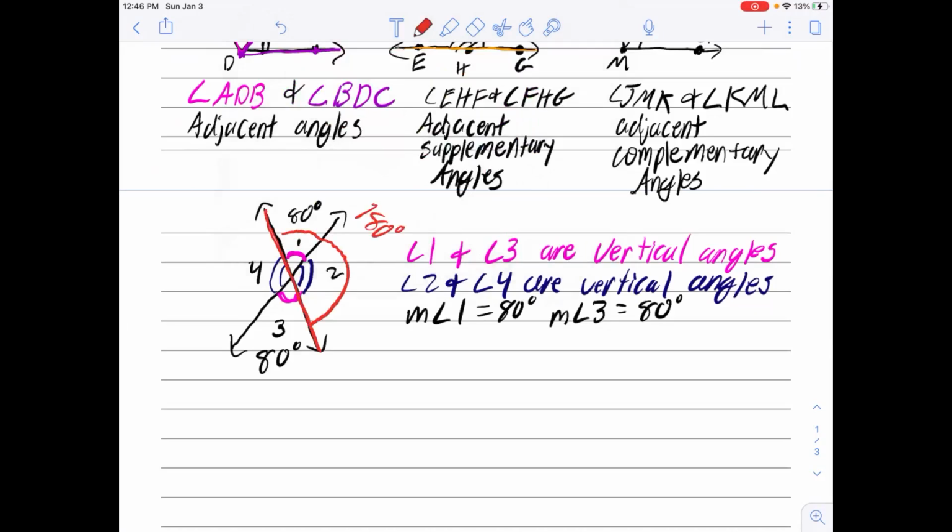That means that angles 1 and 2 have to equal 180 degrees. So if angle 1 is 80 degrees, angle 2 has to be 180 minus 80. So angle 2 is 100 degrees.